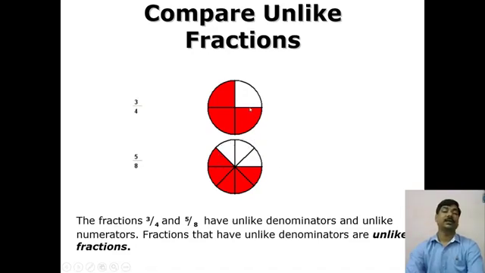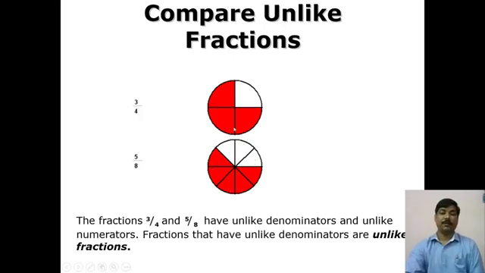From both pictures, it is clear that this portion is colored more in comparison to the first picture. In this picture, it is clear that this colored portion is more in comparison to the second picture.